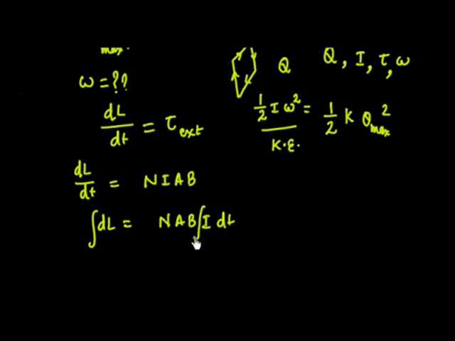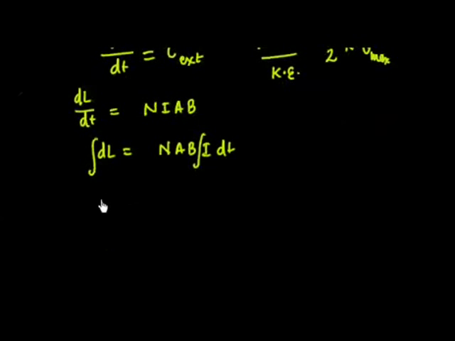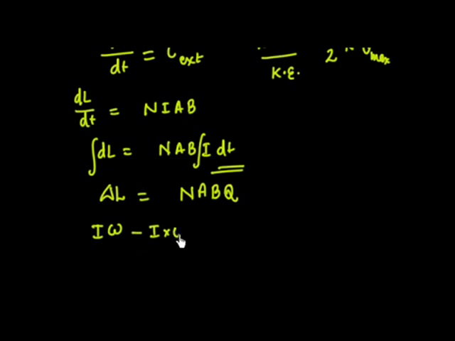Now if I integrate both sides, the change in angular momentum is equal to NAB, and I into dt is nothing but Q, the total charge flown through the circuit. The change in angular momentum is the change in I omega, which is I into final omega minus I into initial omega, and initial omega is 0. So this is NABQ, which means omega is equal to NABQ divided by I, where I is the moment of inertia.